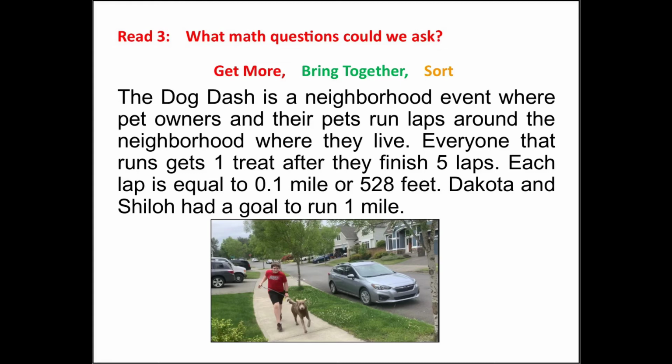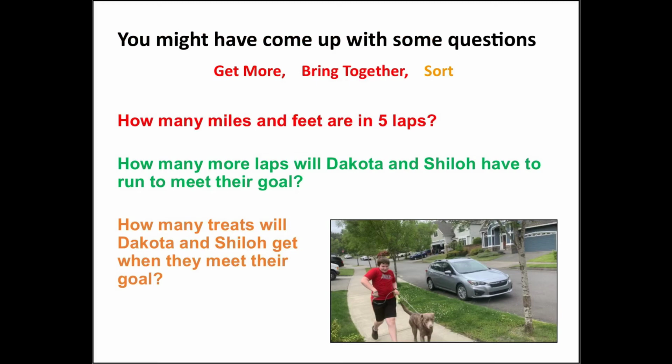Each lap is equal to 1/10 of a mile or 528 feet. Dakota and Shiloh had a goal to run 1 mile. Go ahead and hit pause and write down a few math questions you could ask with the information from this story. You could find situations of getting more, bringing together, or sorting.